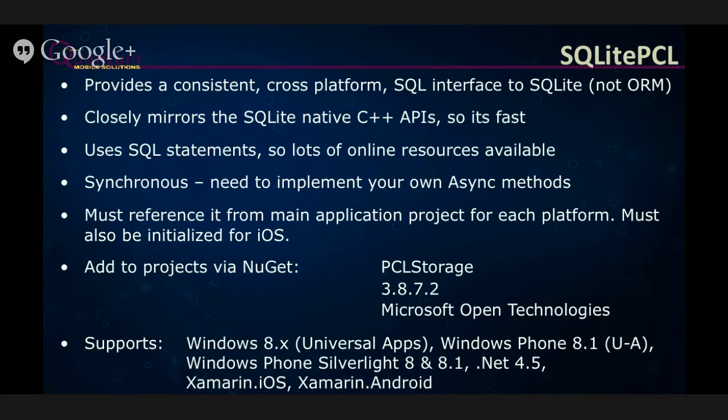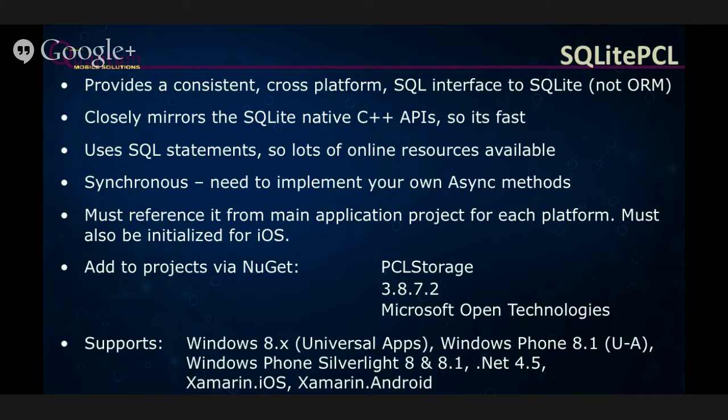You need to tell the PCL which platform it's actually running on, so it knows which set of dependency injection to use. You do that by referencing it somewhere in the application project, normally when it's launched. And in iOS, you actually have to initialize it as well.